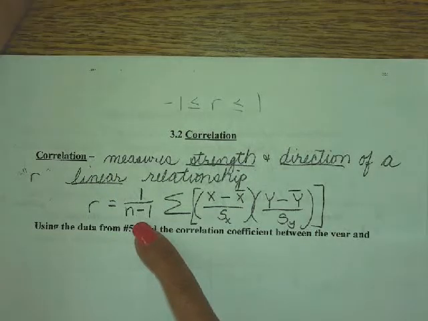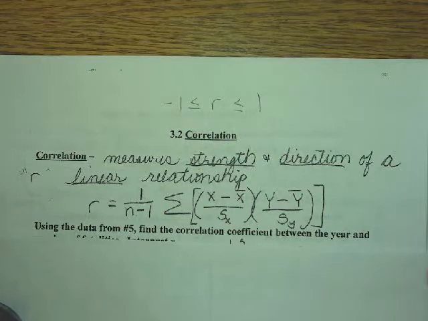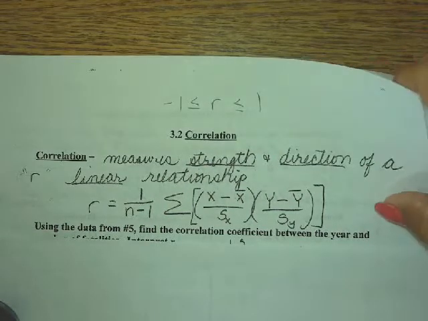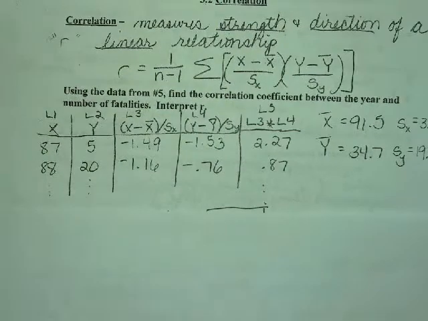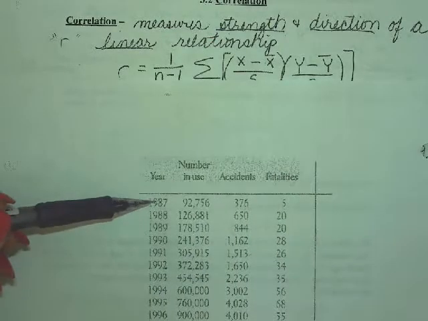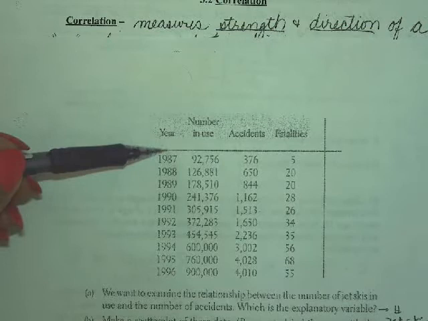All right, so I went to my calculator, and I entered all of the years from 1987 to 1996, but I only entered the years after 1900, so 87, 88, 89, etc. And we're going to look at the number of fatalities.